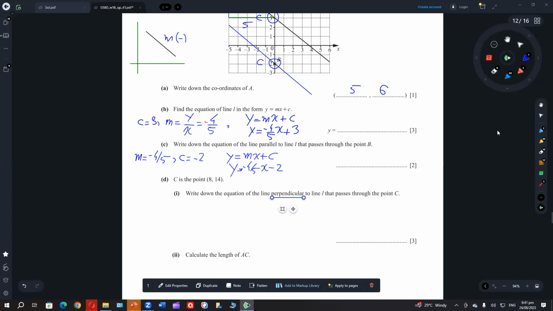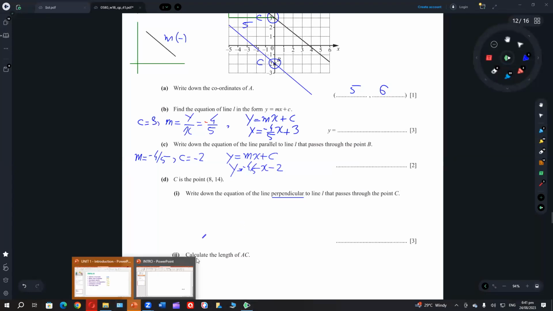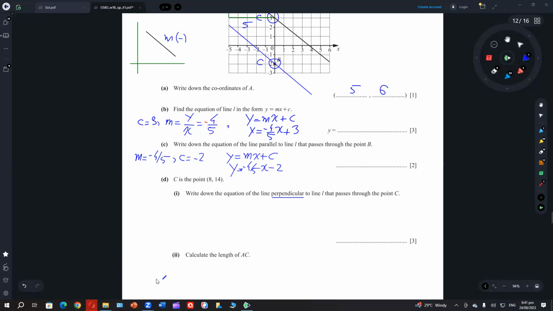Write down the equation of the line perpendicular to line L that passes through the point C. The point C is 8, 14.